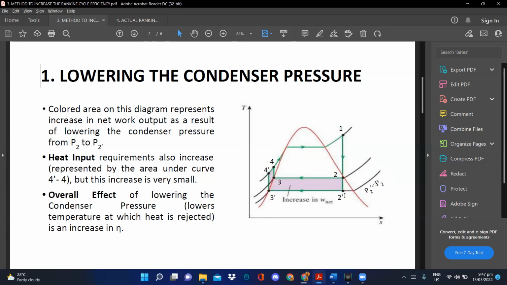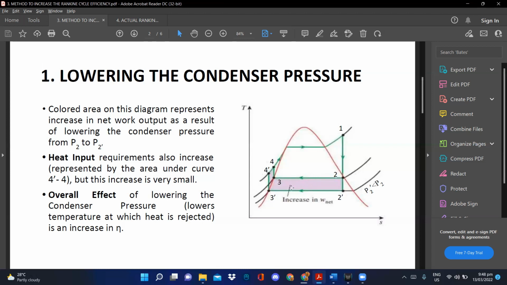When you lower the condenser pressure, as you can see here, the point 2 prime is on the inside of the saturated region. And then, as you can see, the line that goes to 3 prime will become longer than the line from 2 to 3. Therefore, this line corresponds to the increase in net work.